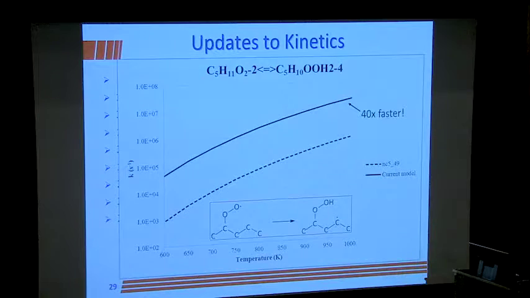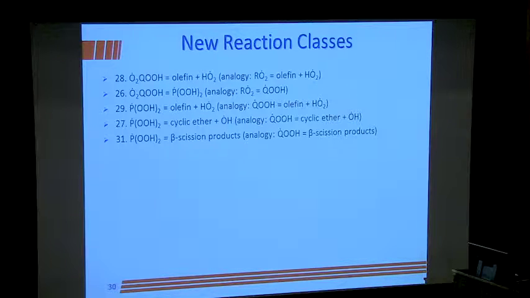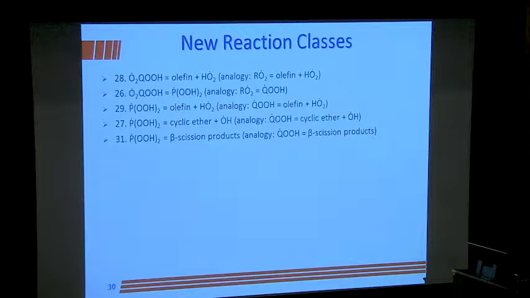Okay? Okay, so as I said, we're 40 times faster, and so it's going to make a big difference. Okay? We also included new reaction classes, and this is just showing you again what I've showed you. So by analogy with RO2 species, if you consider this RO2, giving us olefin plus HO2, the hydroperoxy alkyl radical as an alkyl radical, okay?